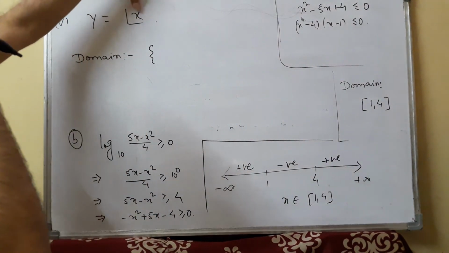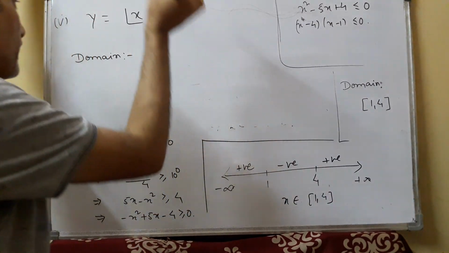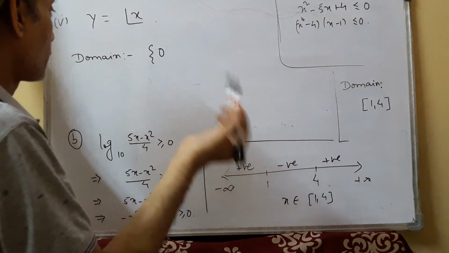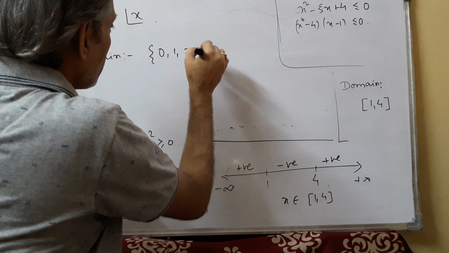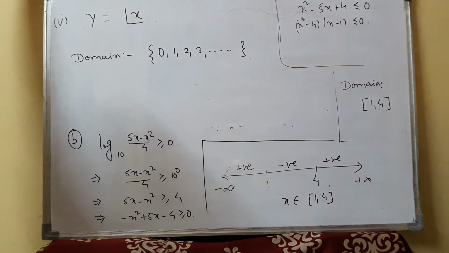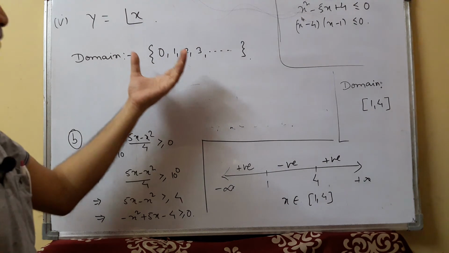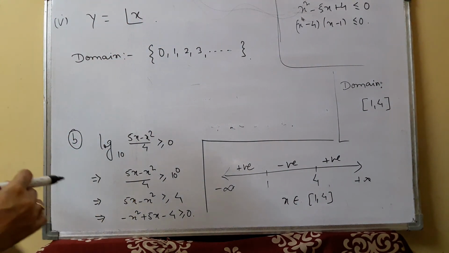But in this case, the smallest value that we can take inside factorial is 0, because factorial of 0 is 1. Then you can take 1, then 2, then 3, and so on. Means the set of whole numbers. So this will be the domain for this function.